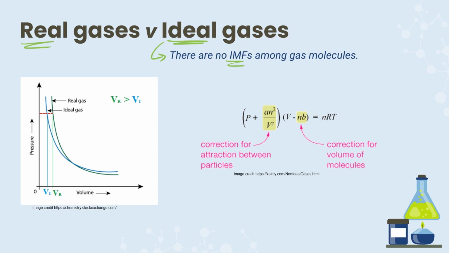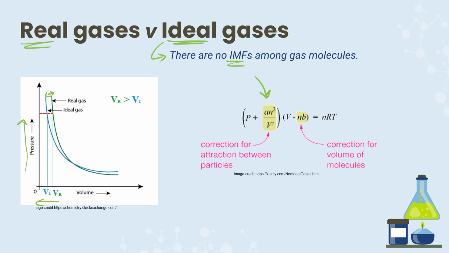Interestingly, when we start to increase the pressure or decrease the volume, we're going to squeeze the gas molecules closer to each other, and that's when our ideal gases and real gases start to deviate from each other more and more. We have a crazy big formula that we could use, but we don't in our class.